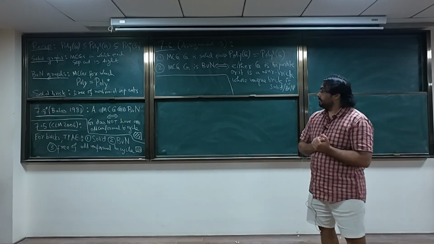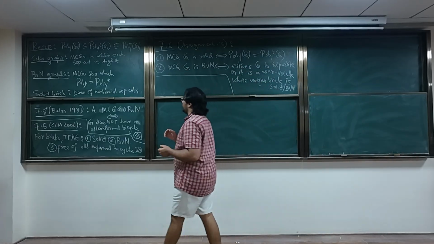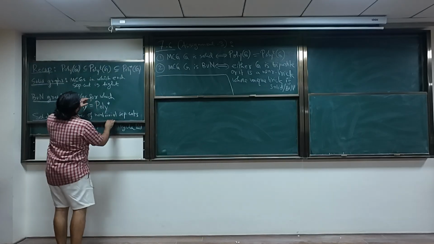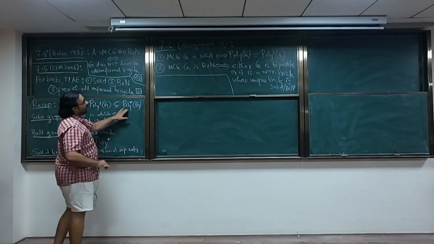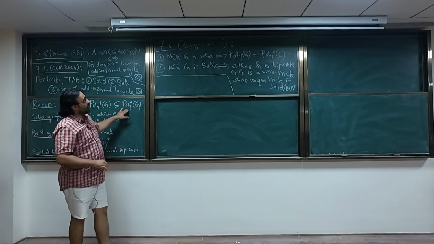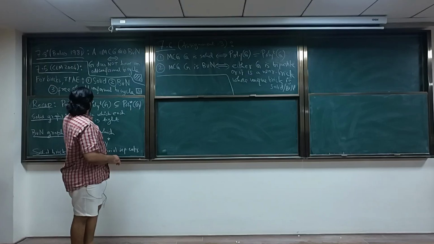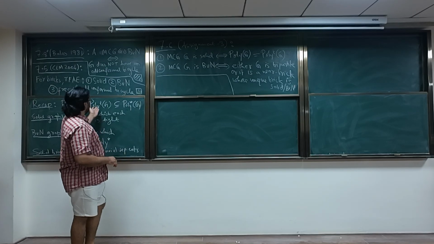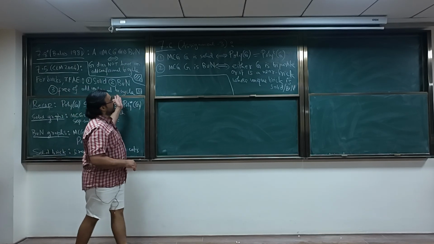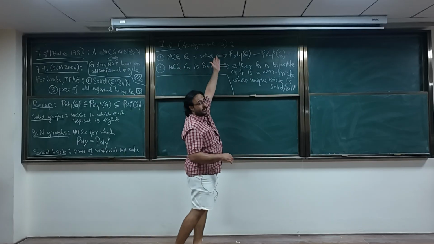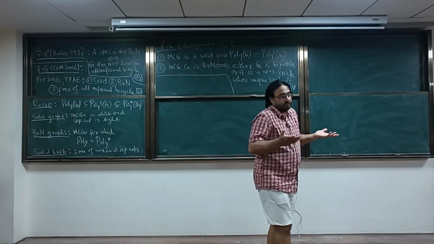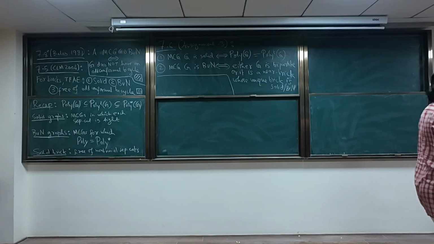And it turns out that these two polyhedral creatures are directly related to graph theoretical notions. So it turns out that if you want the polytope to be exactly equal to the tight cut perfect matching polytope, then that is exactly the same as saying that the graph is solid. Every separating cut is a tight cut.